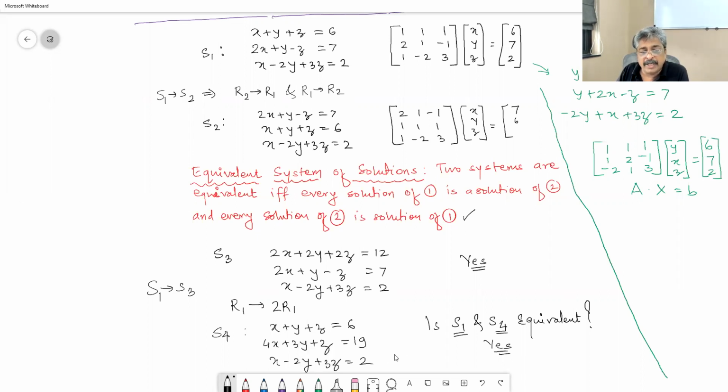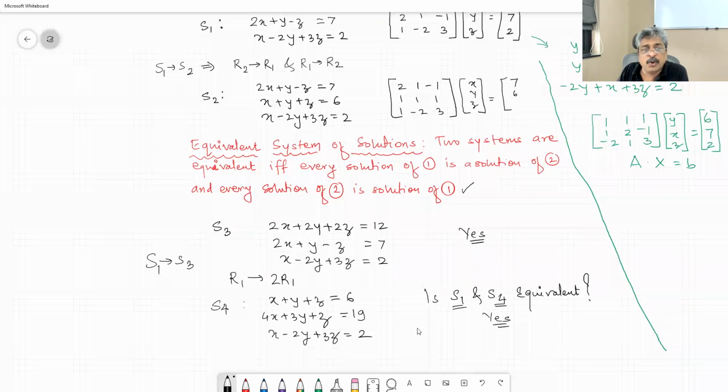And what are you doing as far as S1 to S4 is concerned? You are keeping R1 the same, and R2 becomes R2 plus 2 times R1. That is your new R2. Multiply the first row by a constant and add to the second.